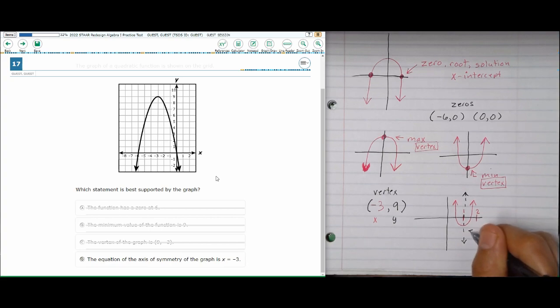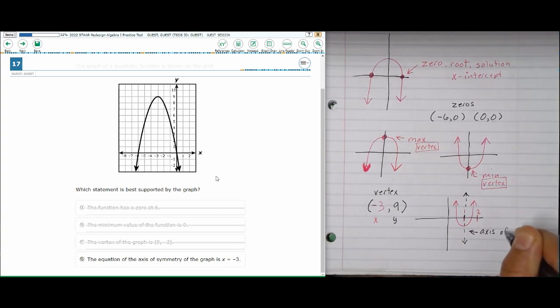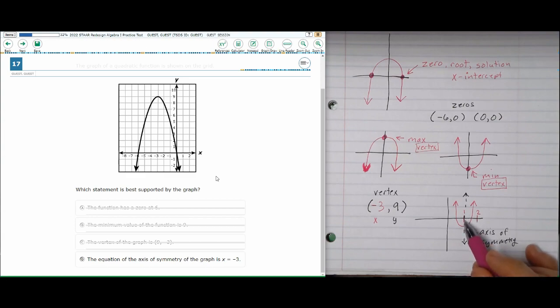That's the axis of symmetry. And what you've got to remember about the axis of symmetry is it is always in relation to an x value. In this case right here, because I have it on 1 from an x value, it would be x equals 1. In this case, on the graph that we have here on the test, notice it lines up with the x-axis on negative 3. That would be my axis of symmetry.